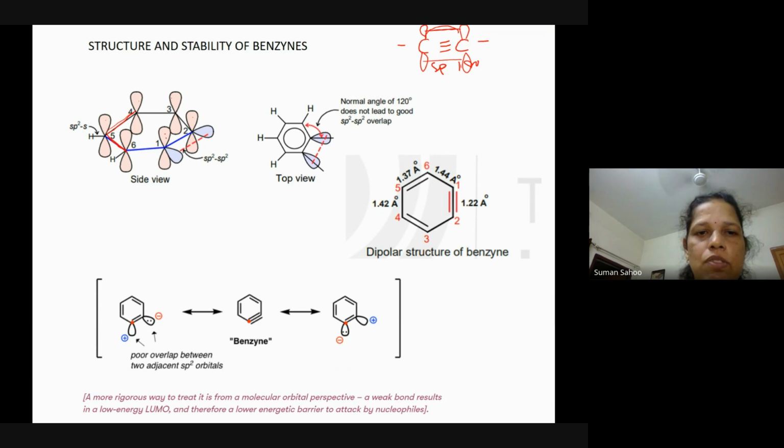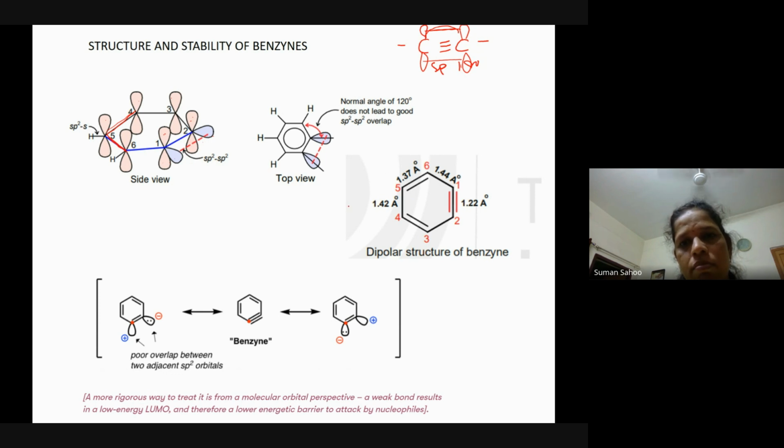But in this case, one p orbital is already overlapping with the other p orbital of the other carbon, but the sp2 orbitals are now there for overlapping. There is no pure p orbital as in alkyne. So the benzyne intermediate is very unstable, because sp2 overlapping is not very strong. For overlapping, the orbitals should be parallel to each other, and the angle is not perfect.